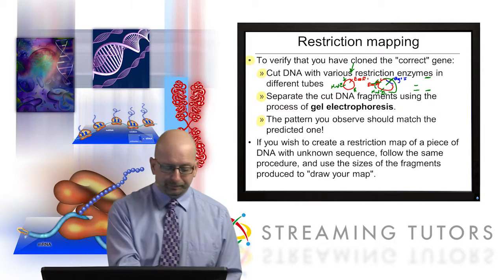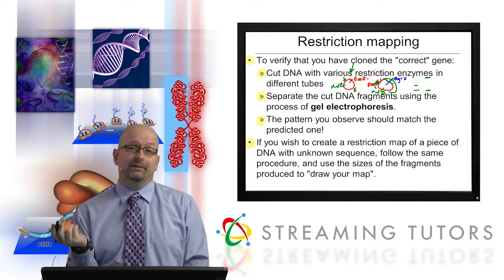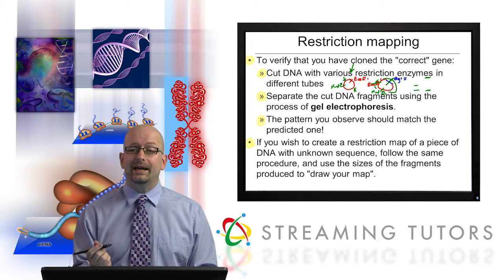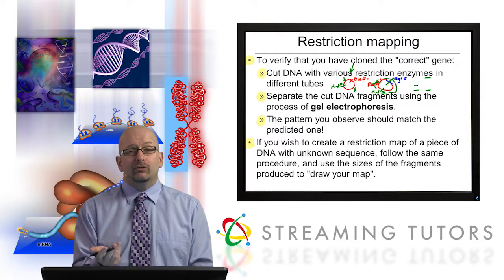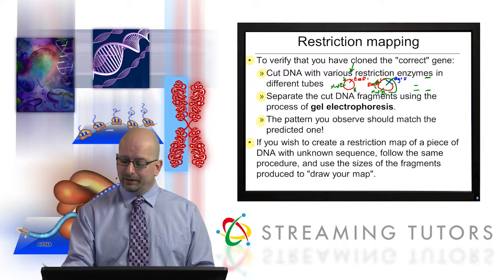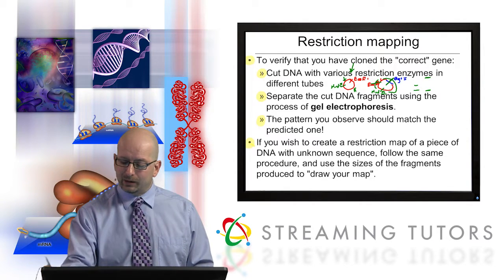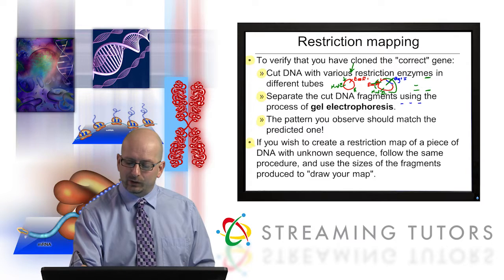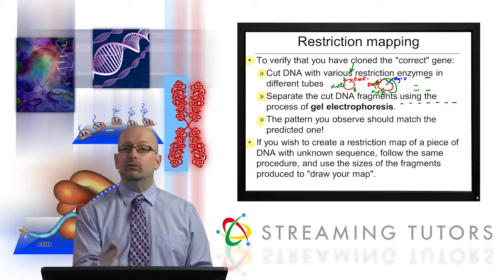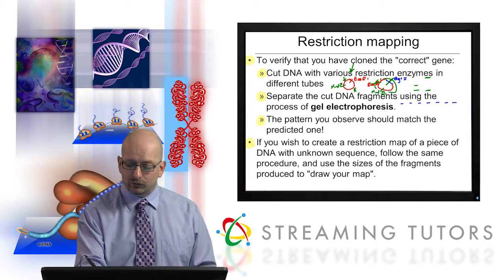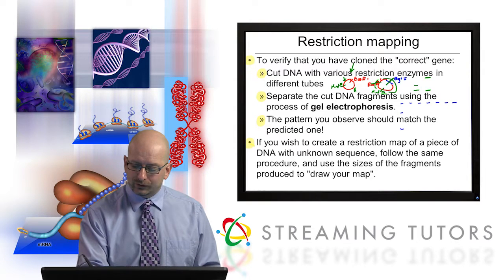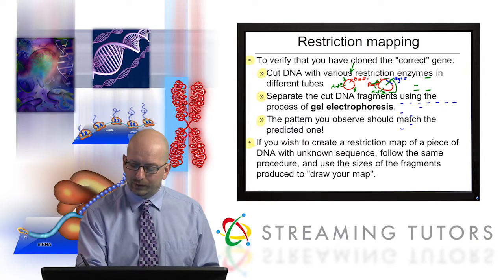It's fun. What if you want to make a restriction map of a piece of DNA and you don't even know the sequence? You basically follow a similar procedure. You could have a whole gel with, I'm not going to write it all out, but all different restriction enzymes, different combinations of them, and you'll see different size fragments depending on the situation.